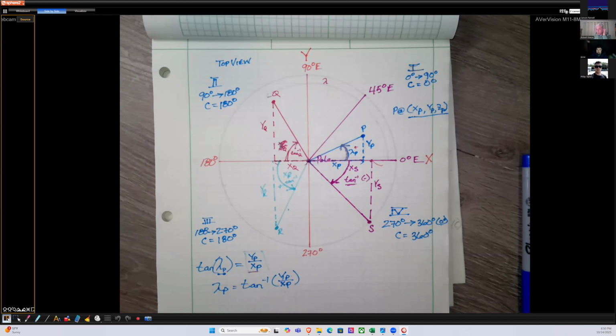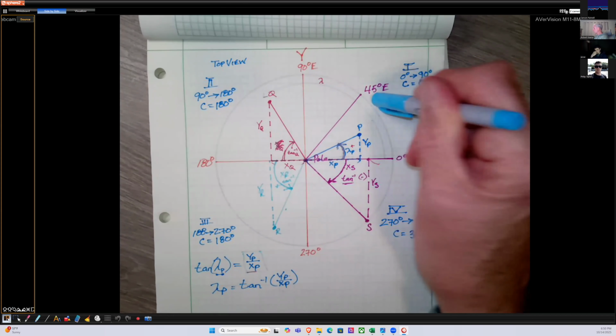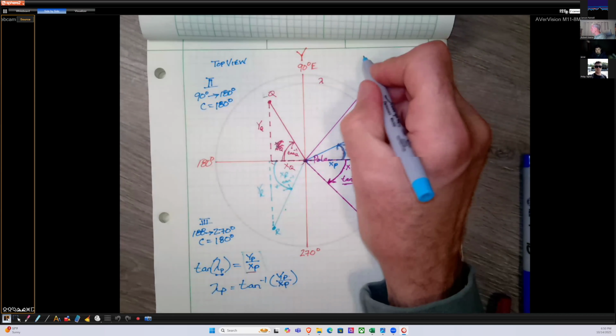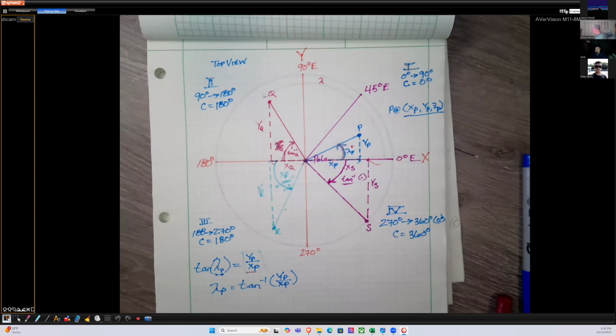All right, cool. So when you're calculating the longitude, keep that in mind. You want to be thinking, okay, where is my XYZ? In terms of positives and negatives, let's see, I'll use this.